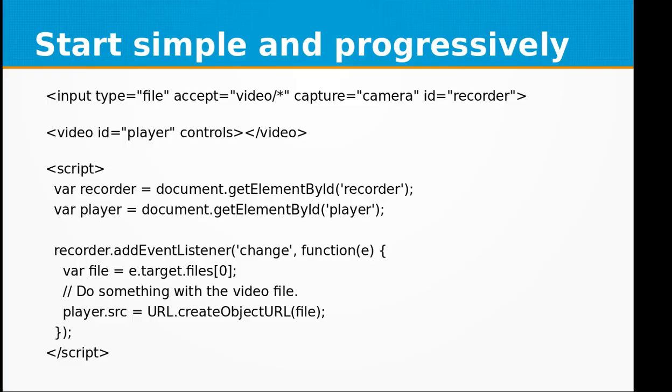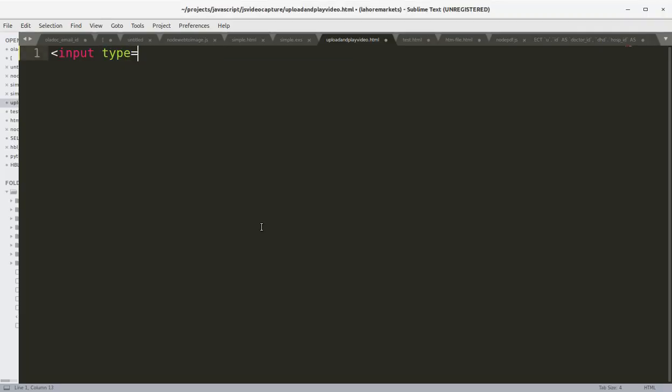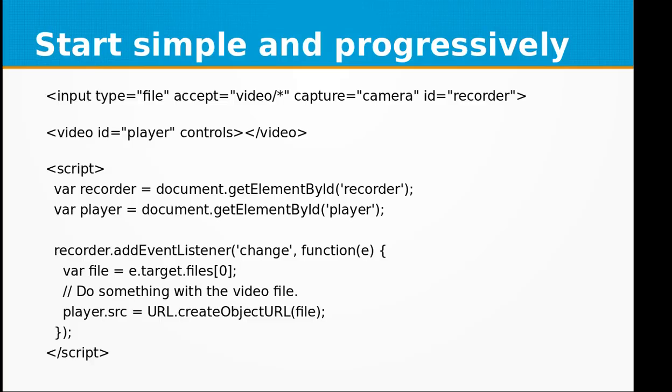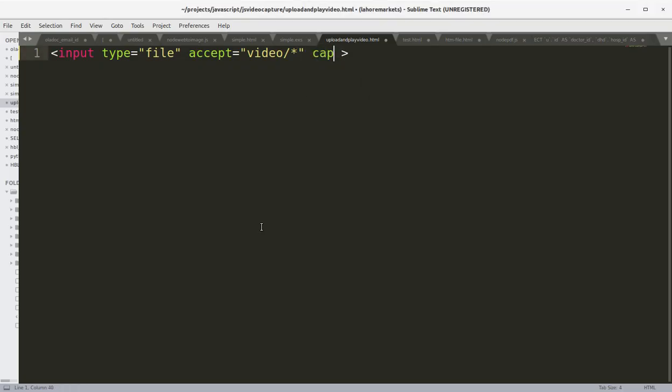Let's define the input tag, type equal to file, accept video slash star, capture camera, and give it an ID, let's say recorder.